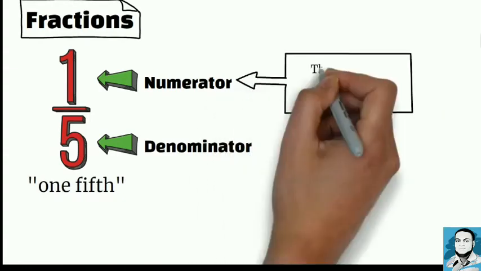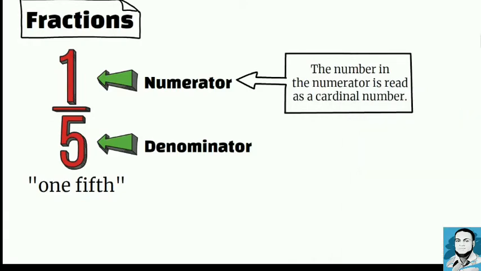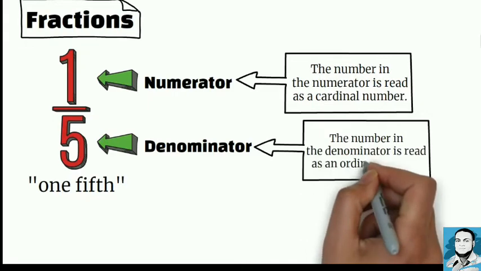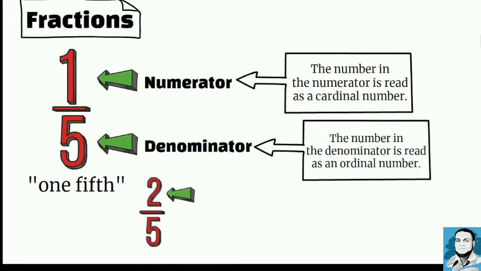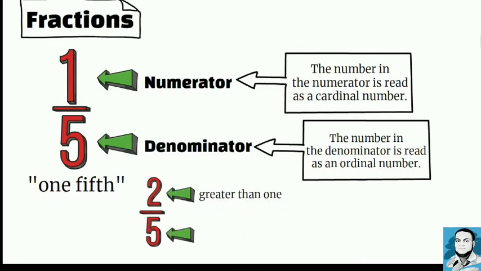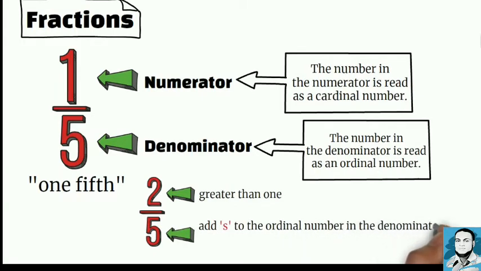As you can see, the number in the numerator is read as a cardinal number, and the number in the denominator is read as an ordinal number. If the number in the numerator is greater than 1, then we add s to the ordinal number in the denominator. For example, 2/5.